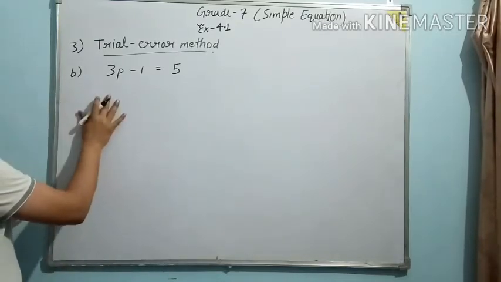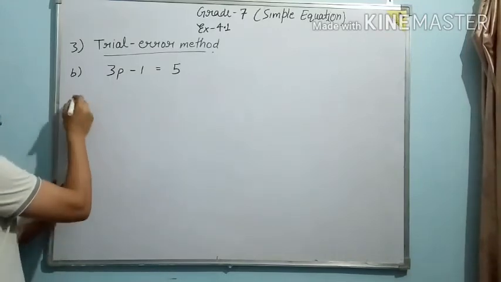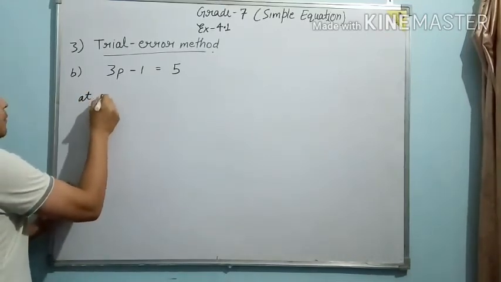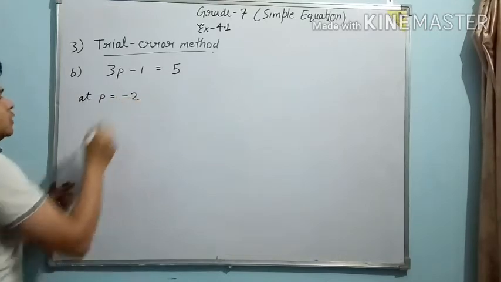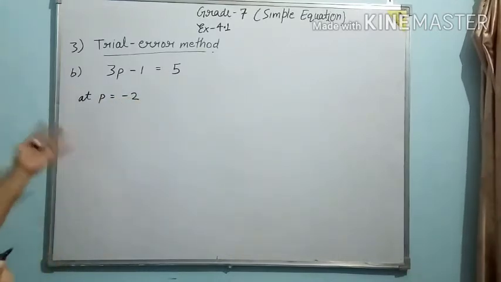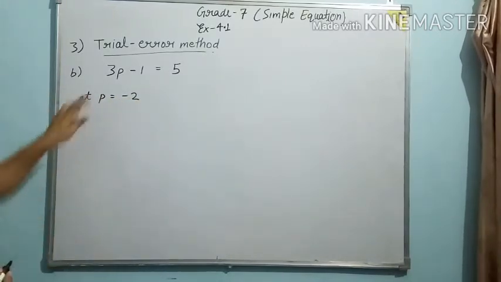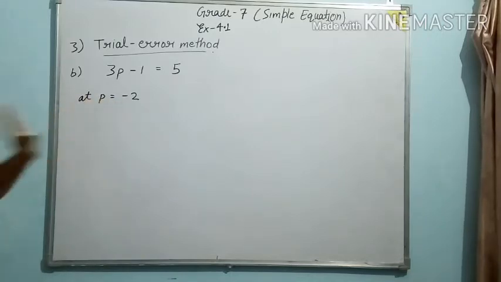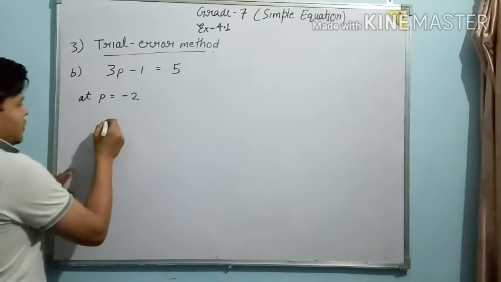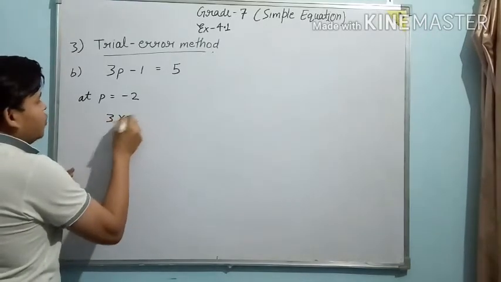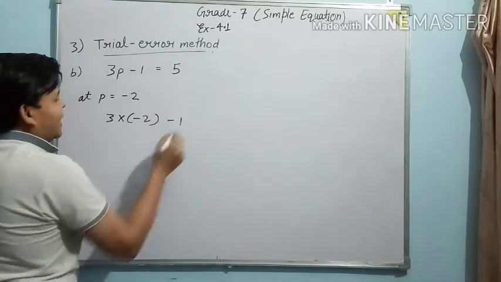So first of all I am showing you by putting a negative number. Let's take p is equal to, say, minus 2. As I told you, you can put any value for the given variable. Here the variable is p, so first I am using p is equal to minus 2.